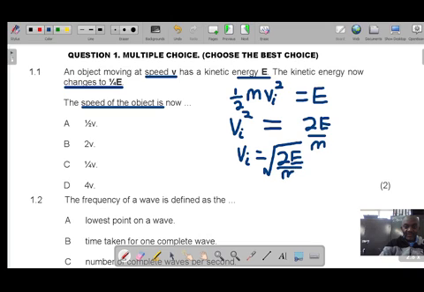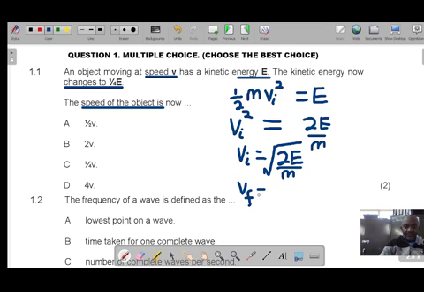Now the question says that the kinetic energy changes to a quarter E, which means that to get my final speed, which I'm going to call V final, I'm going to substitute. Where there is E, I'm going to put a quarter.